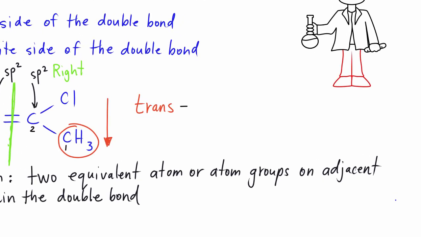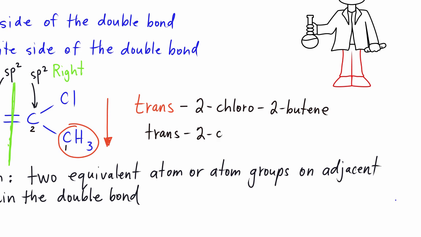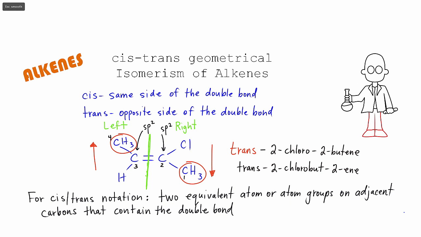We have trans-2-chloro, and that 4-carbon system is going to be 2-butene. Or we could call it trans-2-chlorobut-2-ene. Either name is acceptable.